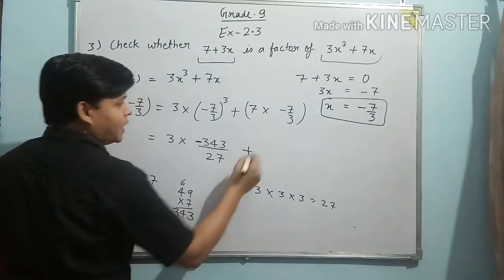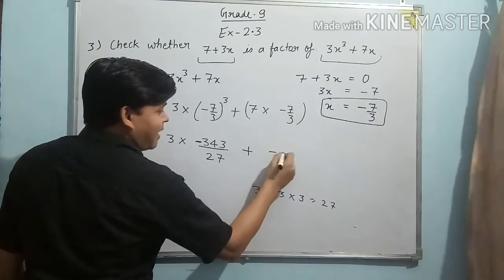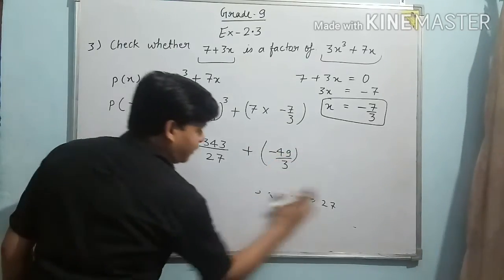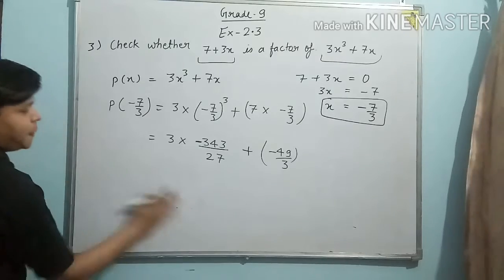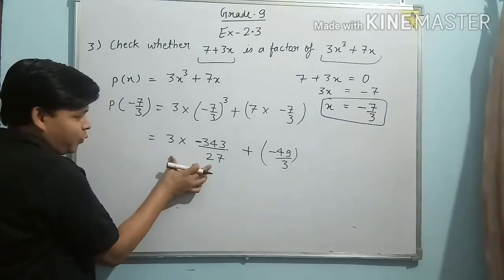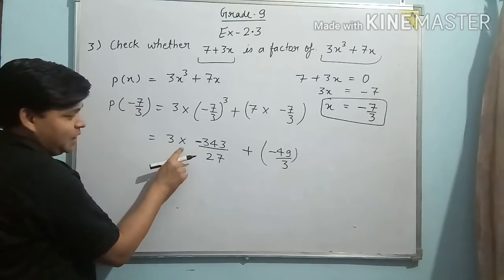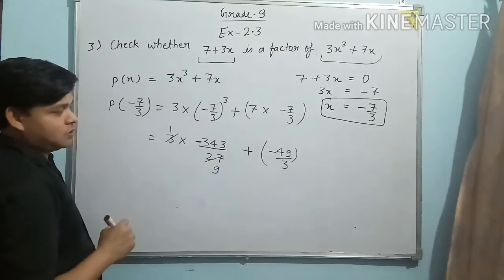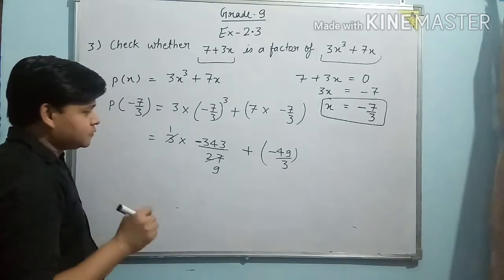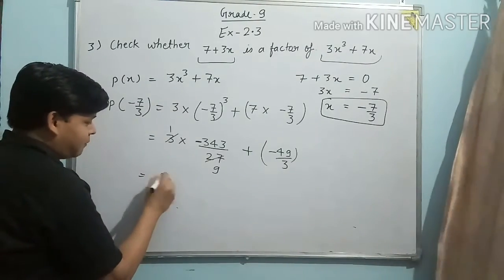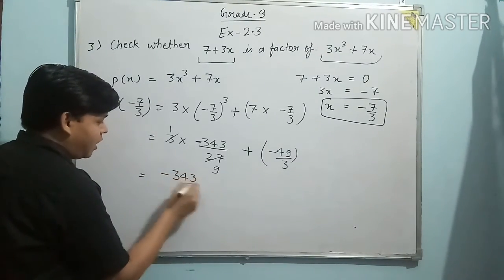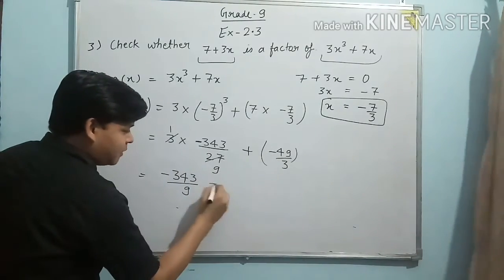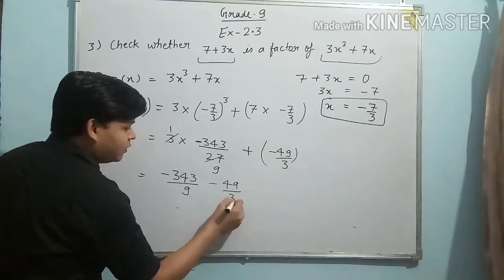plus 7 into 7, minus 49 upon 3. Now as between these two numbers we have multiply sign, so we can cancel these two, 3 1 times and 3 9 times, right? Now we are left with minus 343 upon 9 here, and plus minus will become minus 49 upon 3.